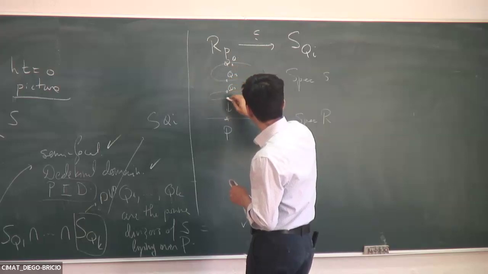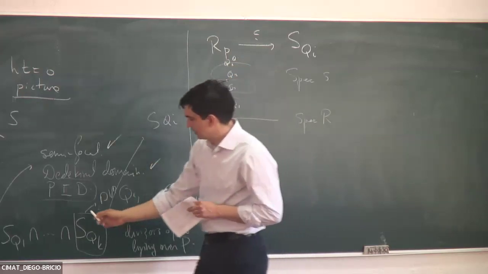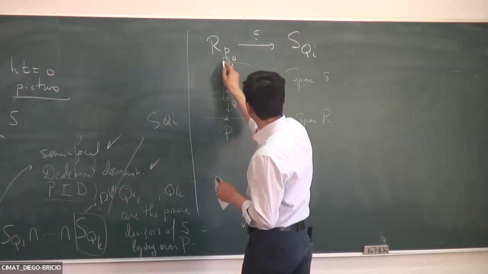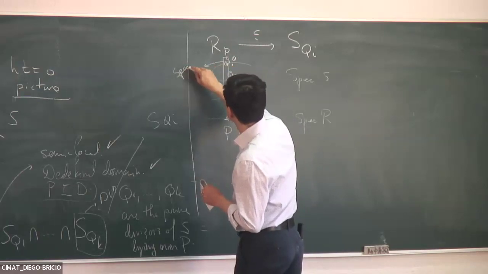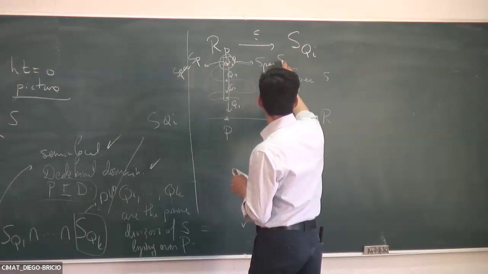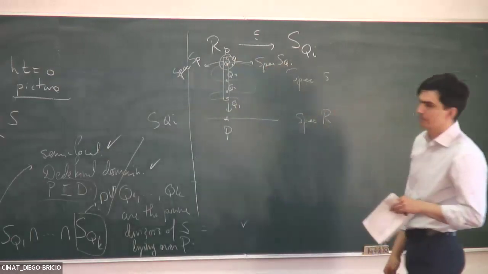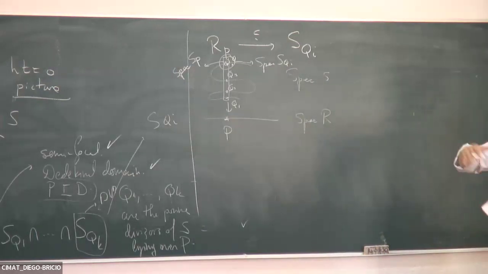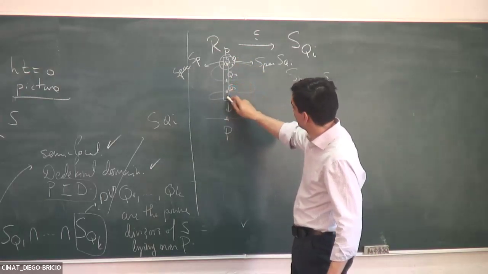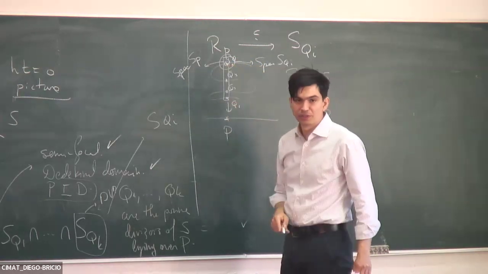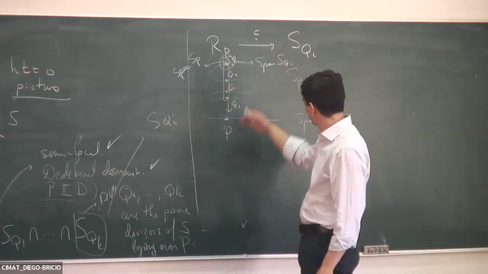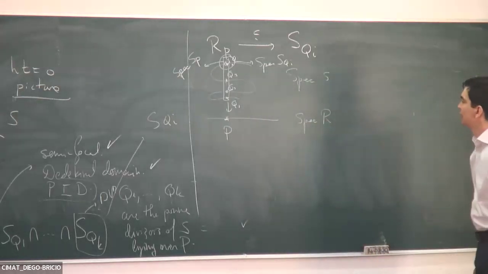So the spectrum of S_P, this whole fiber here is the spectrum of S_P, but every single one of these points represents the spectrum of S_{Q_i}. So the whole collection of them together is this fiber. So the spectrum of S_P is going to contain every single one of them. So if you localize further at one of them, you get the spectrum of S_{Q_i}. Okay, that's sort of the geometric picture to have in mind here.